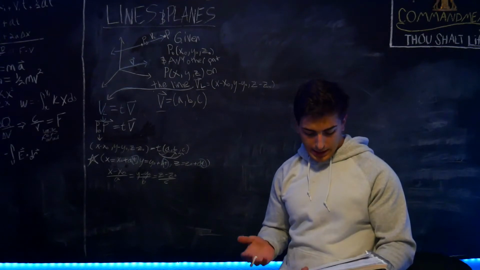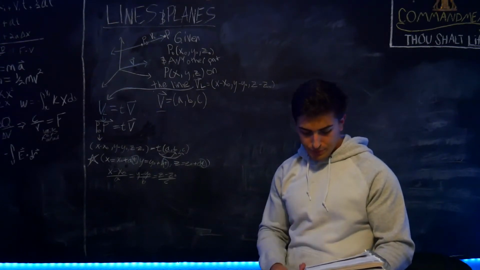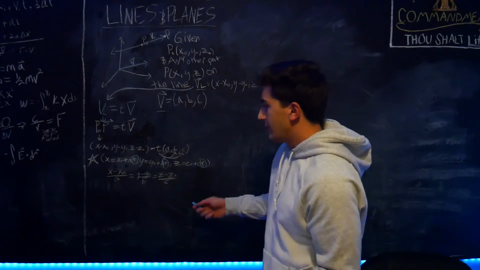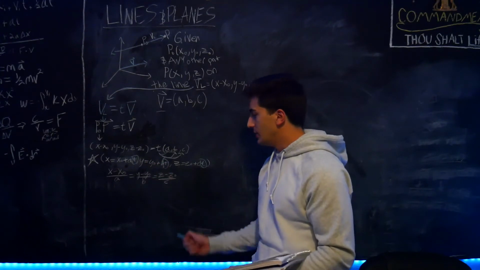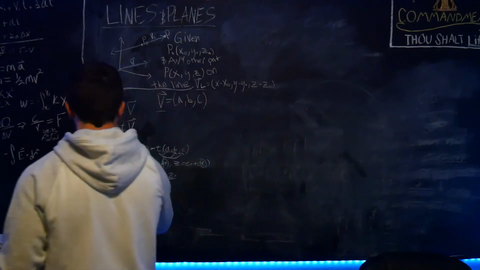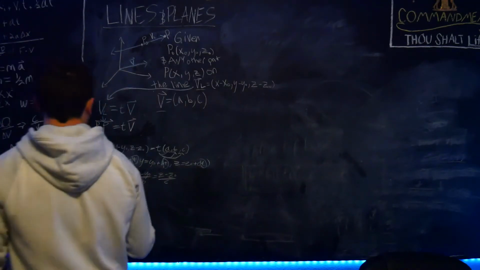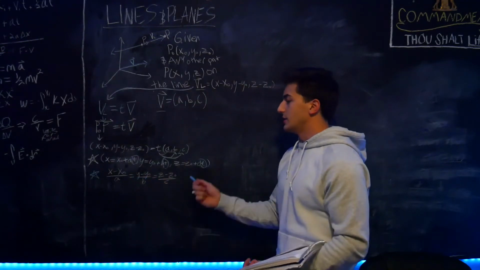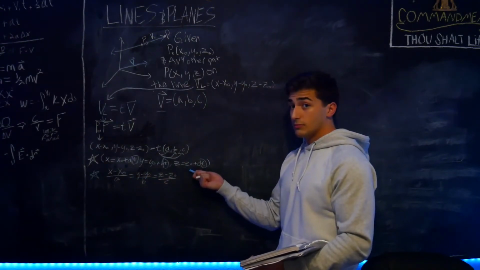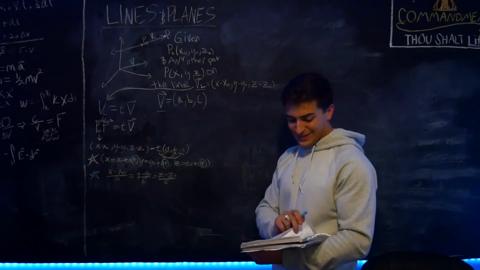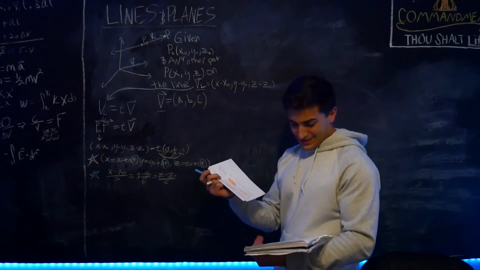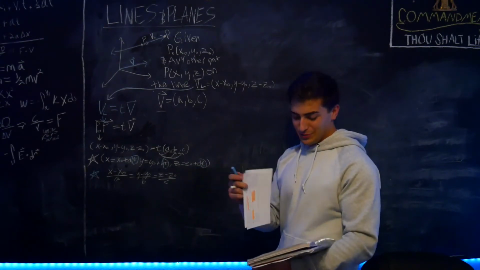Okay, and so we have this new equation now. We have two new equations, in fact. This is the symmetric equation of a line. This is the parametric equation of a line.